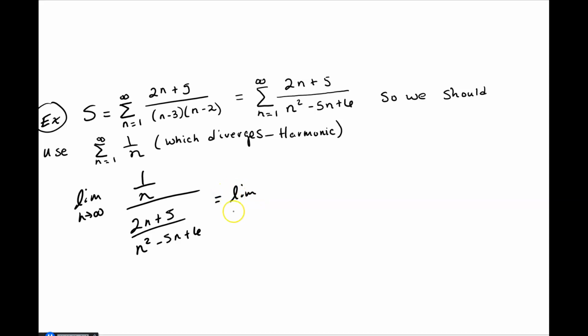The limit as n goes to infinity, we end up with n squared minus 5n plus 6, divided by 2n plus 5, but then you're multiplying by this 1 over n, so then this becomes n squared, and this becomes 5n. That's what happens with the 1 over n. It's multiplied by that denominator.